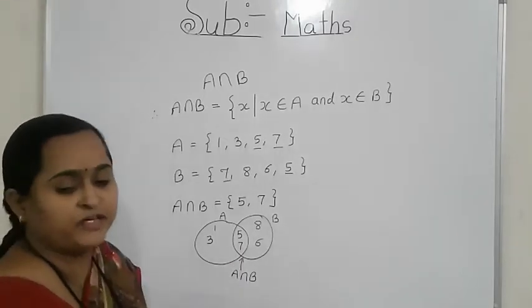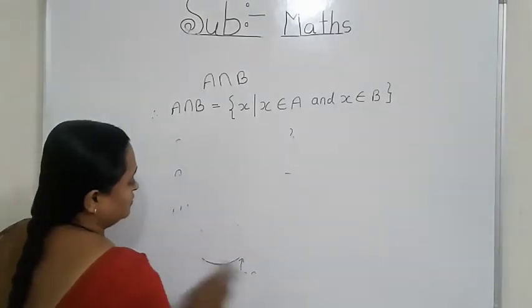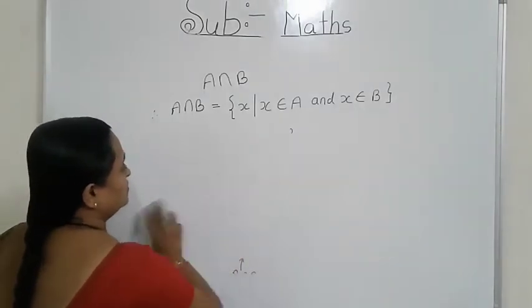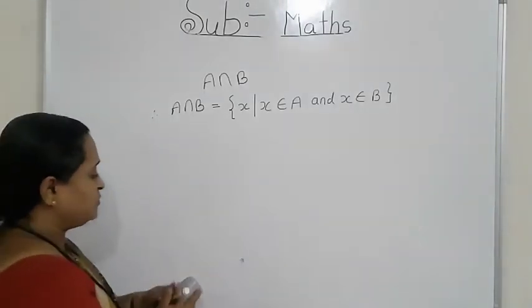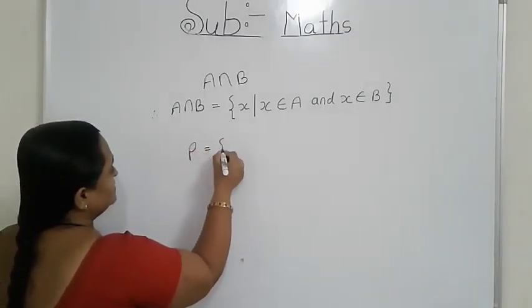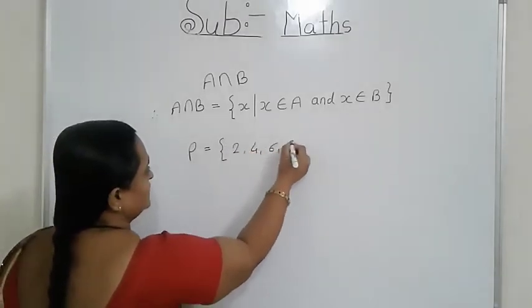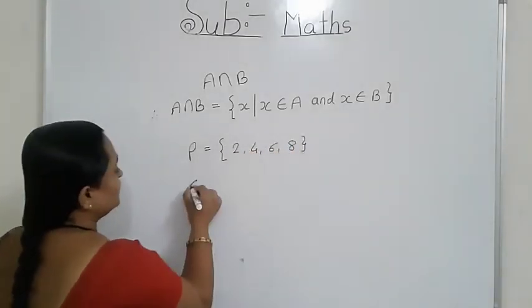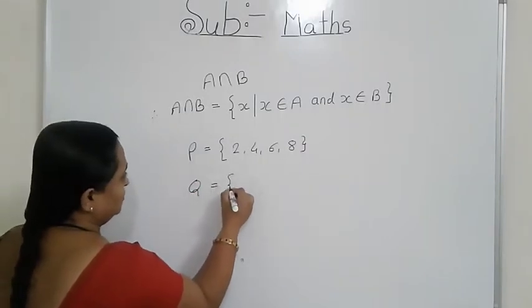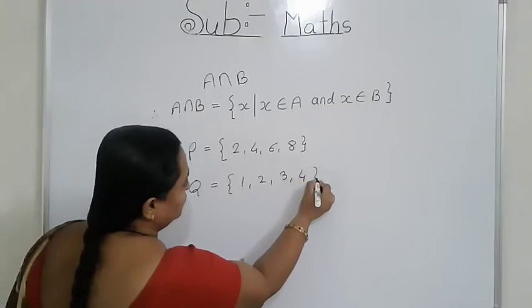Another example also we can take. P is the set of 2, 4, 6 and 8. Q is the set of 1, 2, 3, 4.